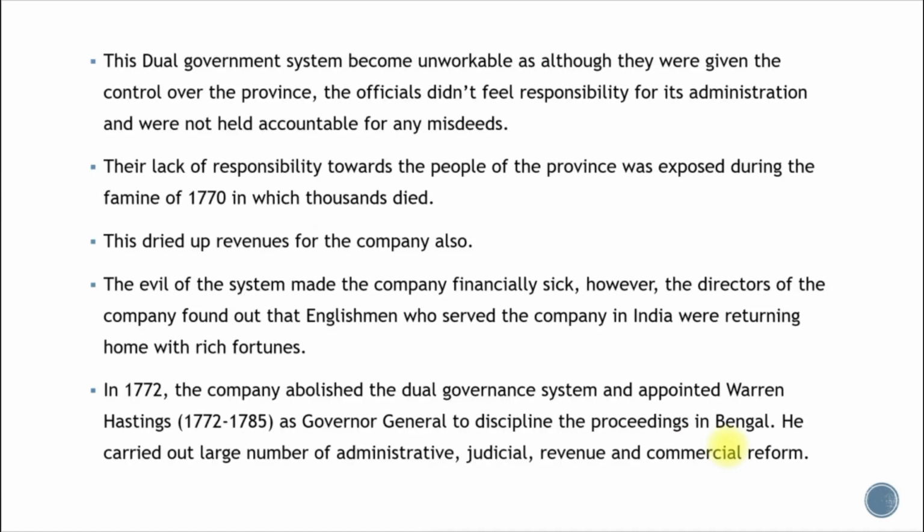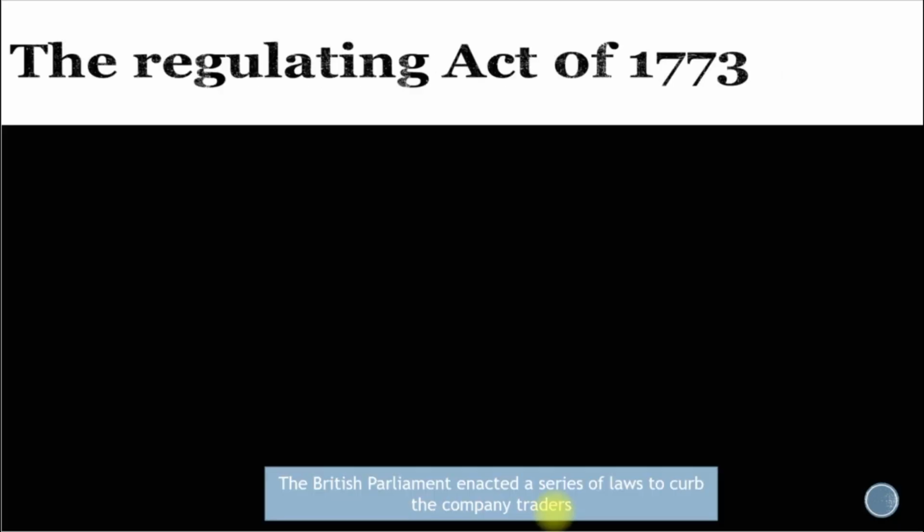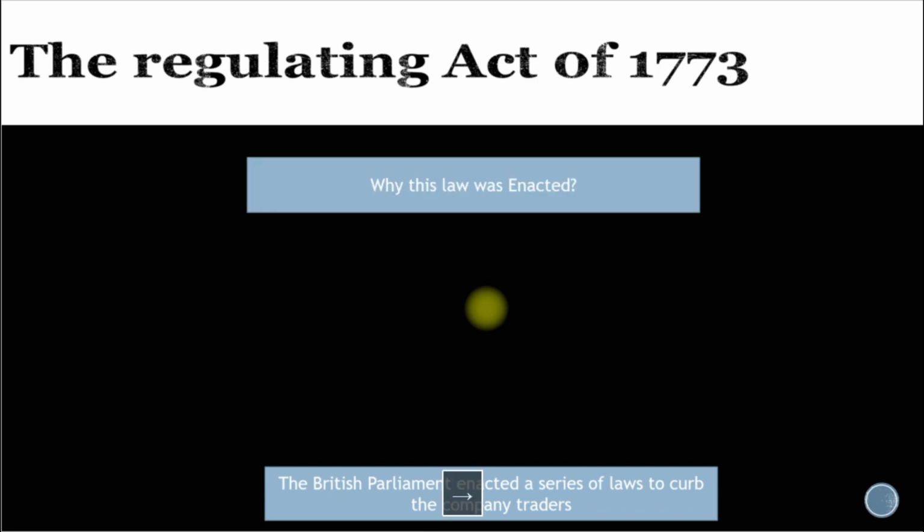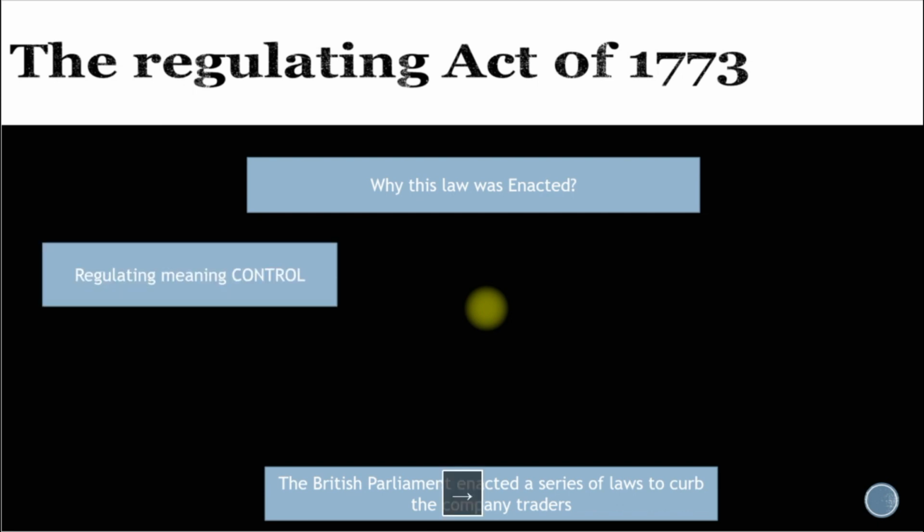This is the slide which you can read again and make sense out of whatever I have just explained to you. So let us try to understand why this law was enacted. Now the dual government system of Bengal had its evils that we have already looked at. Then came this act. So why was this law enacted?